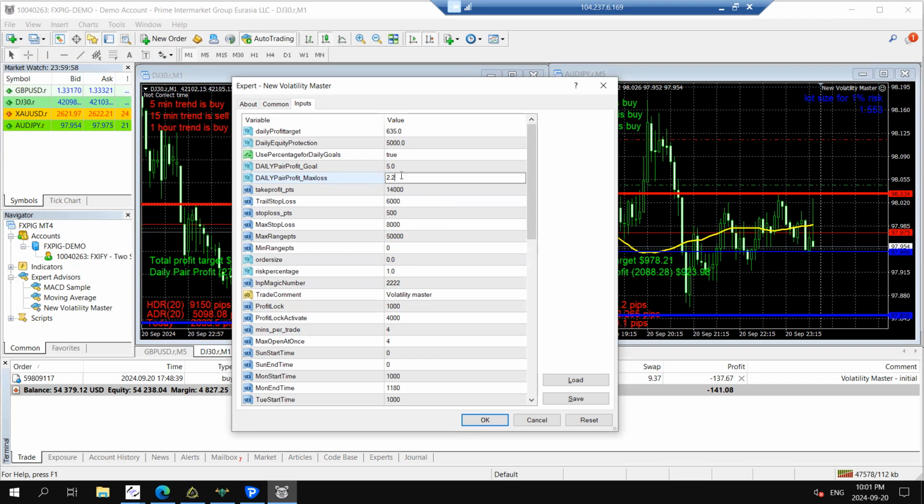The whole idea between these ratios is I want to have a max loss great enough to allow the software to take out at least 2 trades. If I have 2 losing trades in a row, then it's going to stop trading, but I don't want it to stop trading just because I have 1 losing trade.